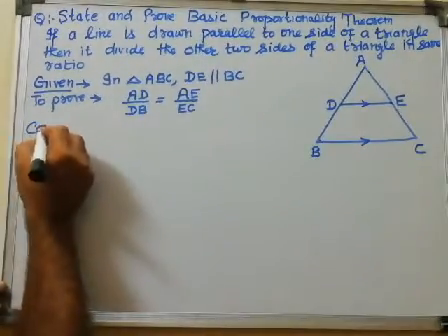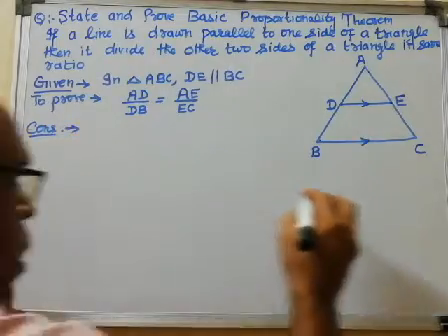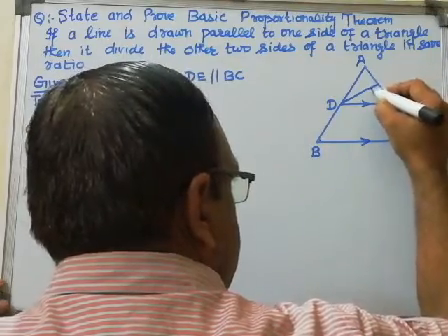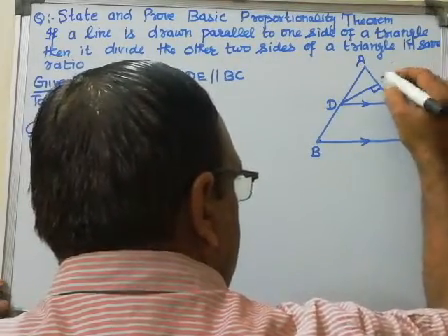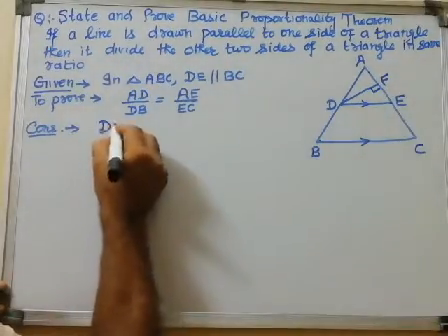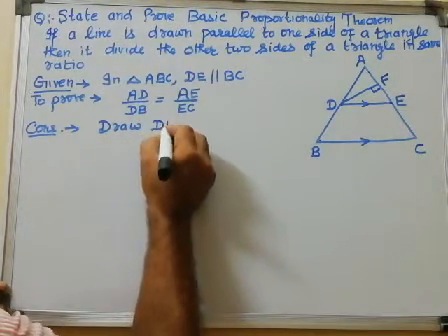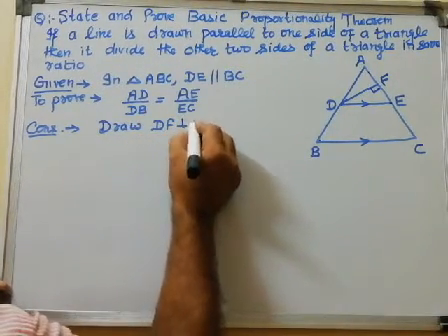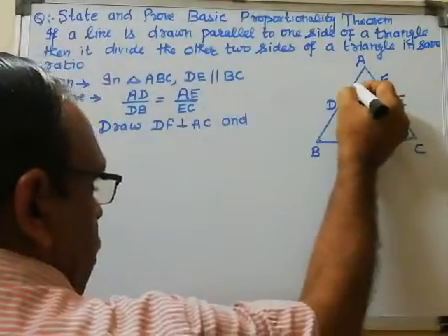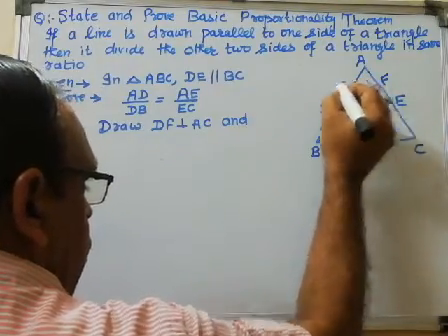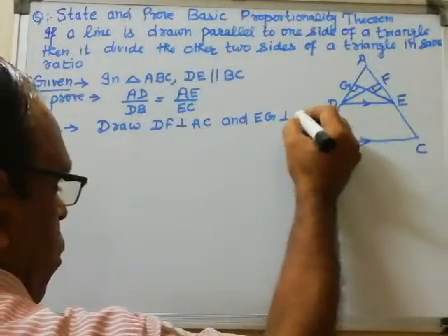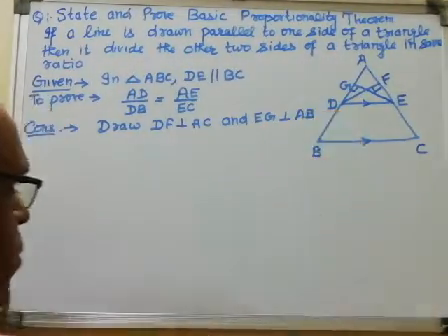Now we have to do construction work. Draw DF perpendicular to AC, and EG is also perpendicular to, not AC, to AB.